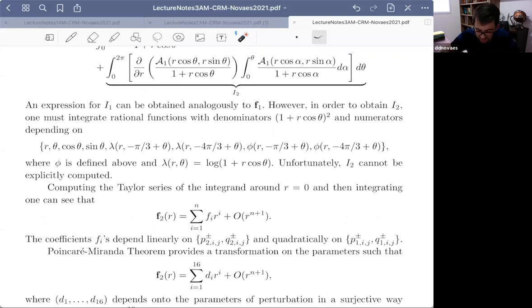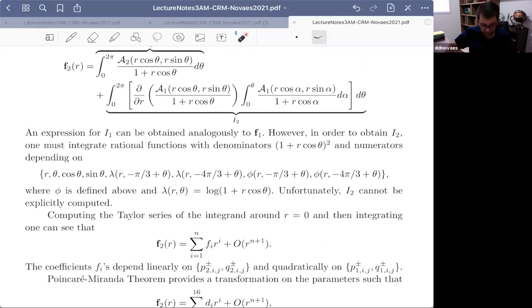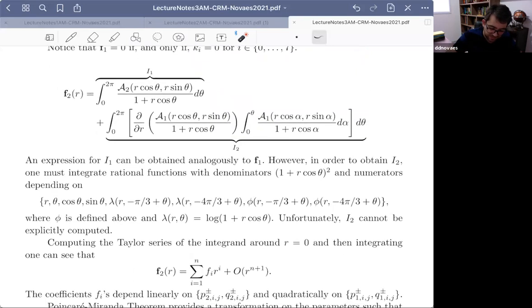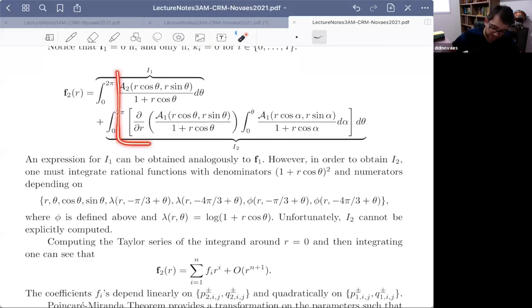So the idea here, and it was enough for our purpose, was to expand the integrand in Taylor series of R before computing the integral. And then we computed the integral, okay?